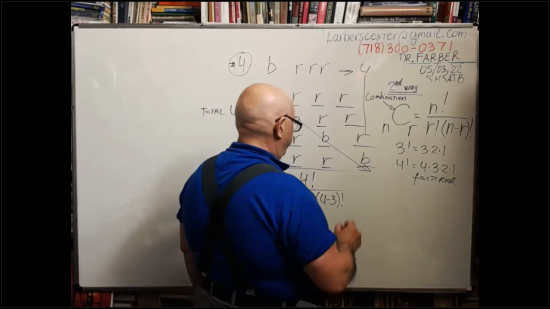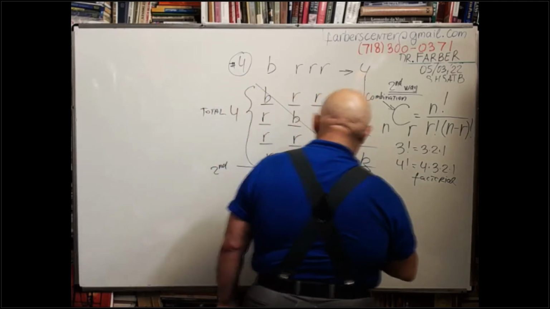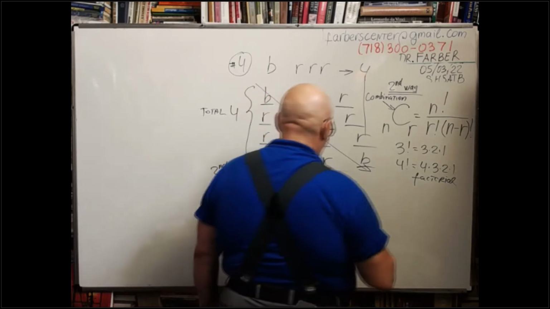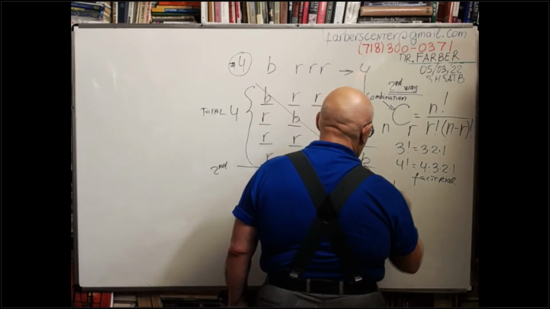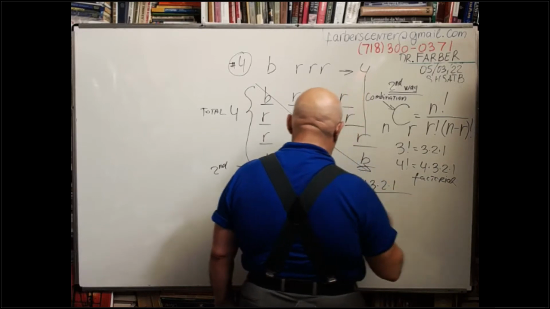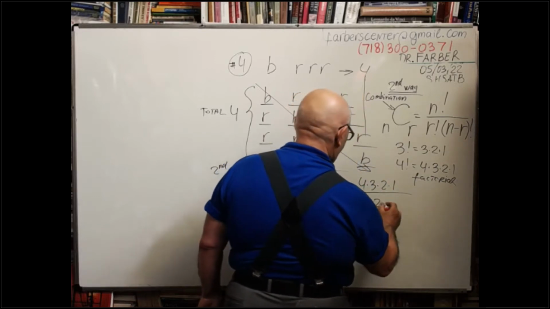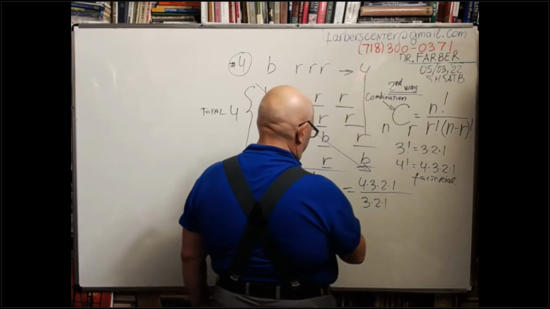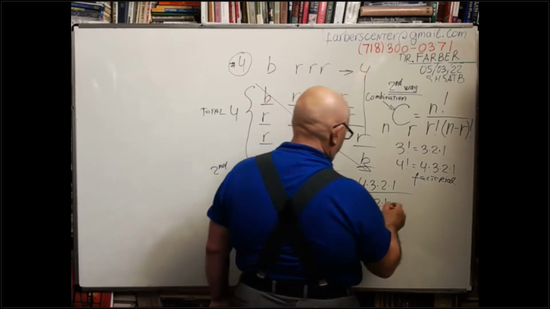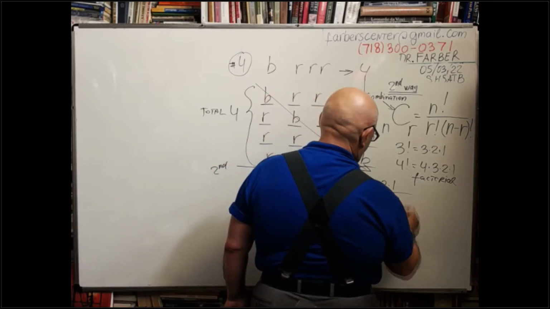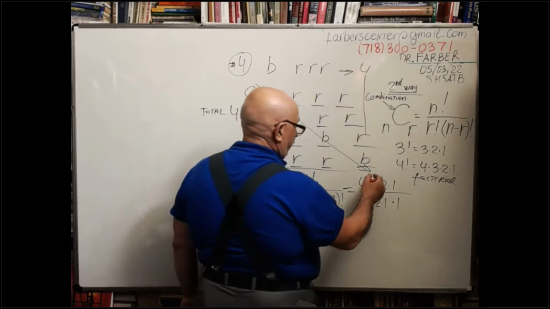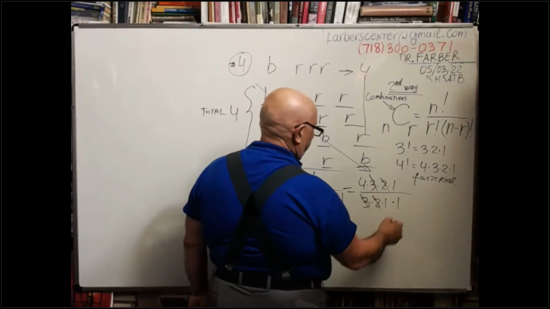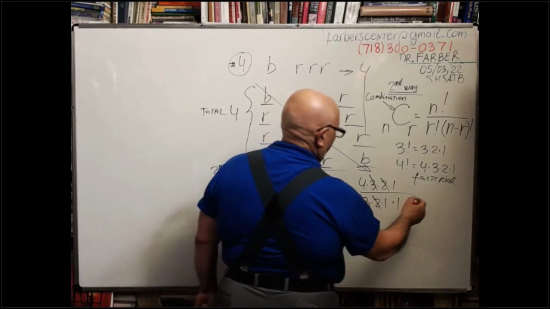Equals 4 factorial, which is 4 times 3 times 2 times 1, divided by 3 times 2 times 1, times 4 minus 3, which is 1 factorial, just 1. I will not show the simplified way. Now look at this: 3 and 3 cancel out, 2 and 2 cancel out, and you get 4.